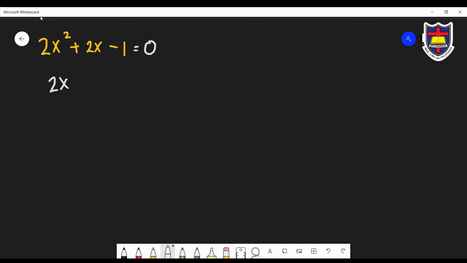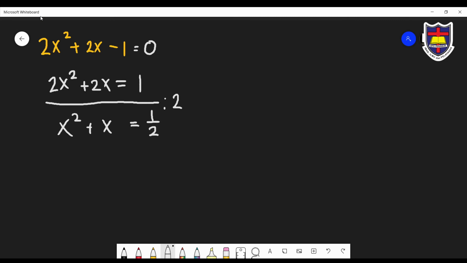So we can write 2x squared plus 2x equals 1. And then the coefficient of x squared must be 1, so we can divide all of it by 2. So we have x squared plus x equals 1 over 2.